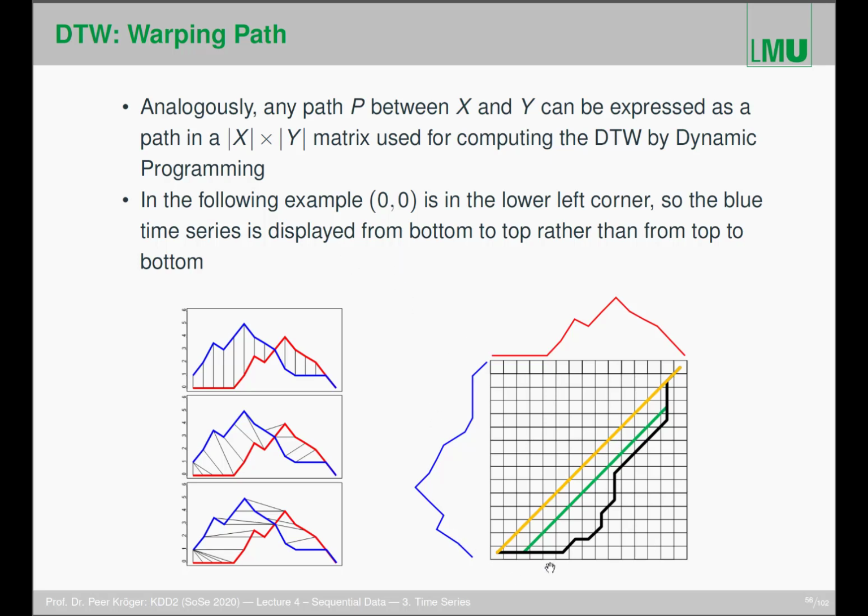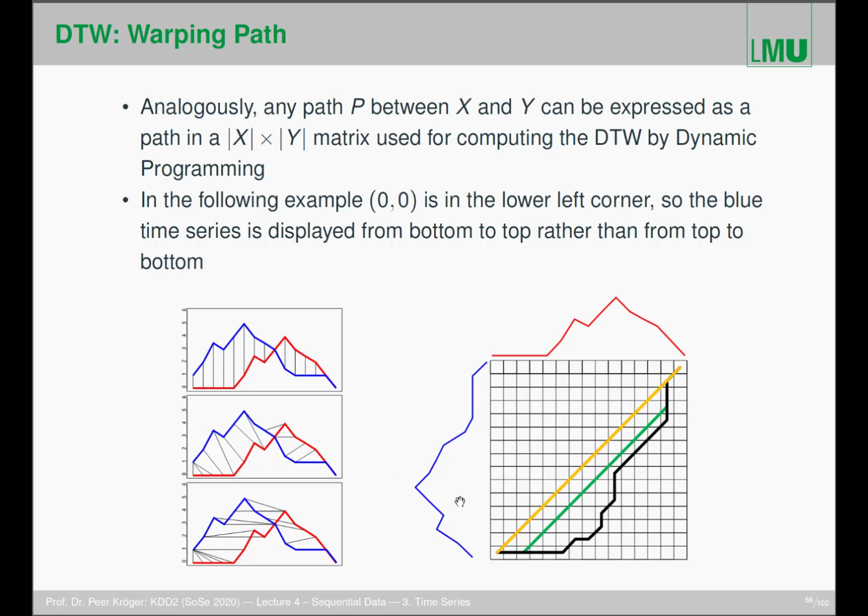Now what we are looking for are warping paths from (0, 0) to (n, m). You see some different warping paths here. This one is the warping path that represents the Euclidean distance, which is just the one that goes through the diagonal. If we have a little bit more distortion, we leave the diagonal, and the more warping we have, the less it is the diagonal anymore.